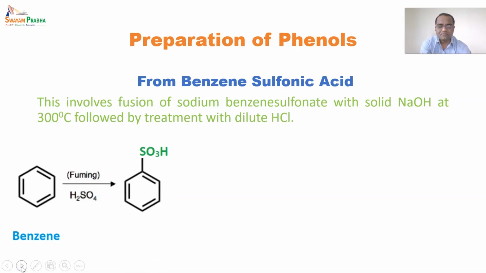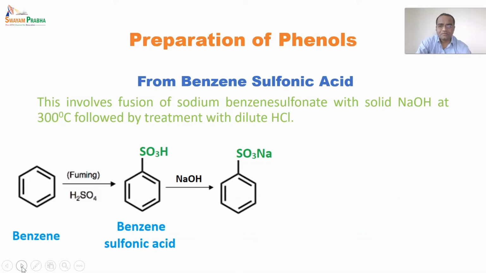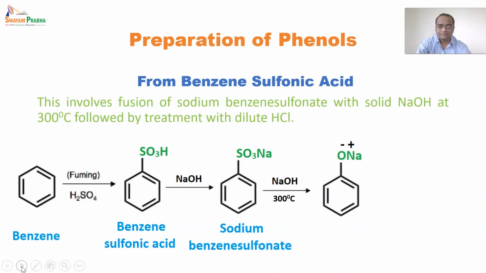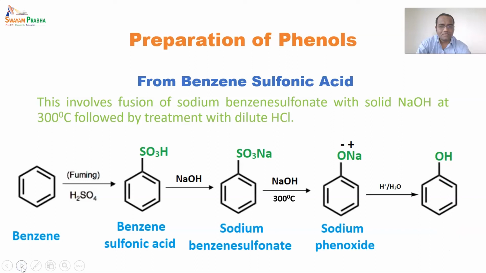Benzene is sulfonated, forming benzene sulfonic acid. And after treatment with NaOH, almost at 300 degrees Celsius, it forms sodium benzene sulfonate, and later on treatment again with sodium hydroxide, it forms sodium phenoxide, and lastly treatment with dilute HCl, it forms phenol.